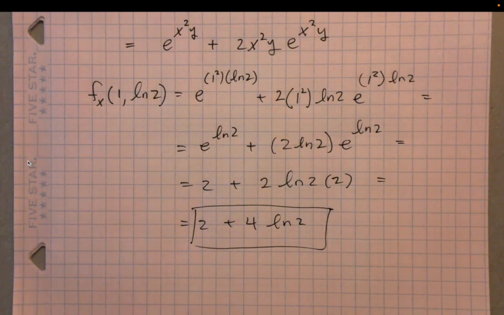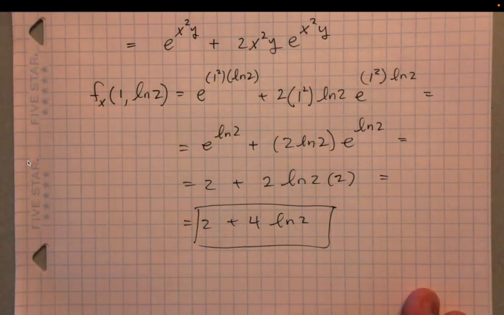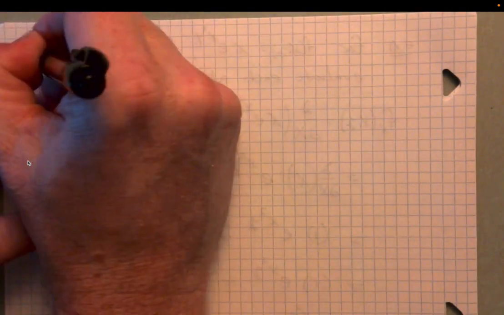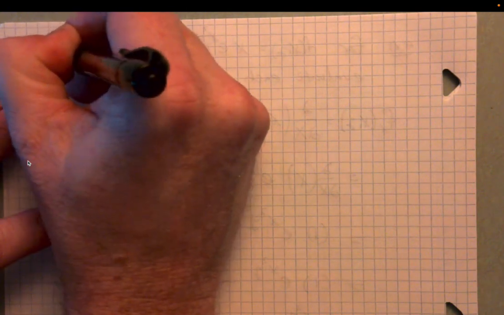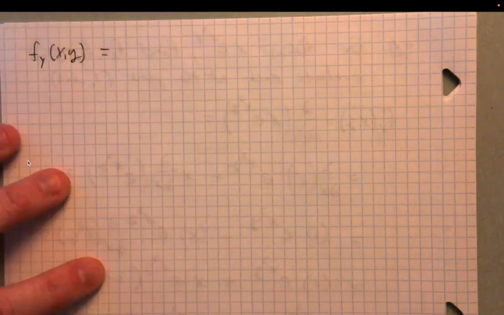Okay, and so we could do the same thing for the partial derivative of f with respect to y. Okay, so let's take a look at the other one. For f_y, it's going to work the same way, except you have to be a little bit cautious here, right?